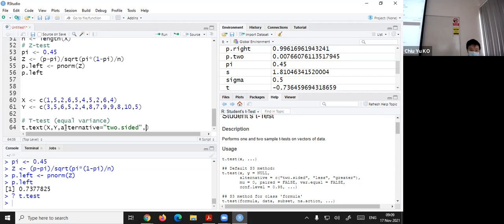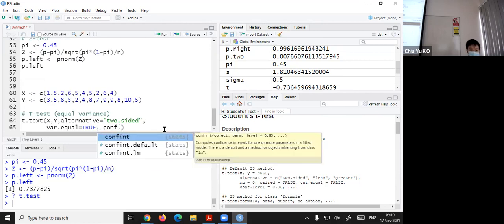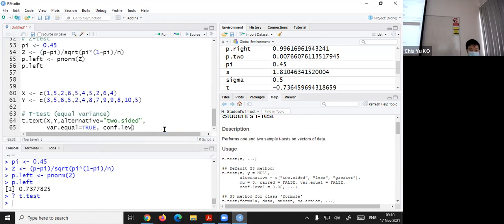And then we want the variance equal, var.equal is equal to TRUE. If you don't put in the 95%, it will be 95% by default, so this is optional. But just put it there.